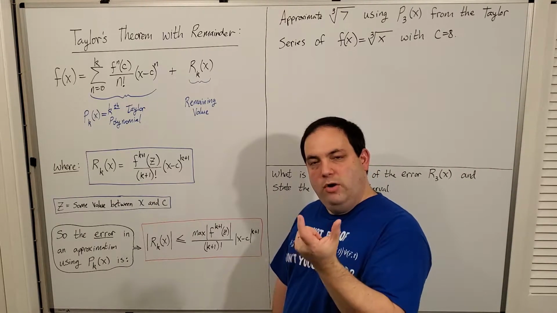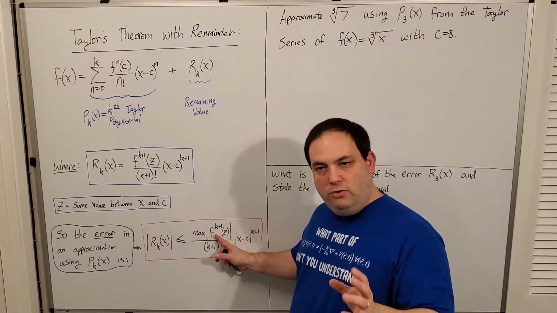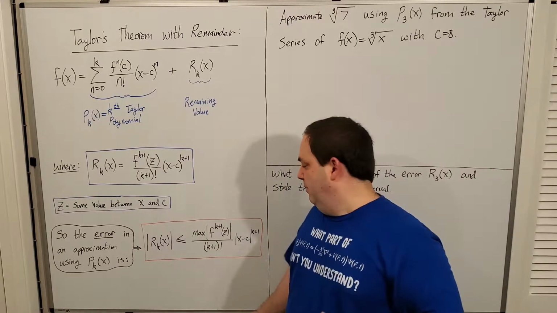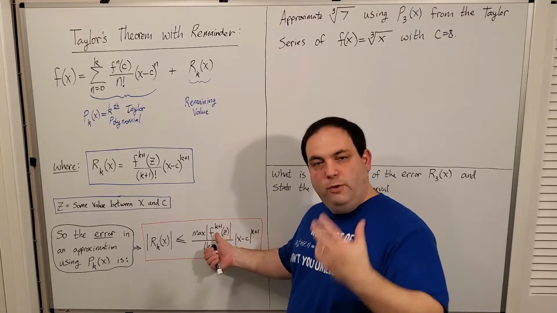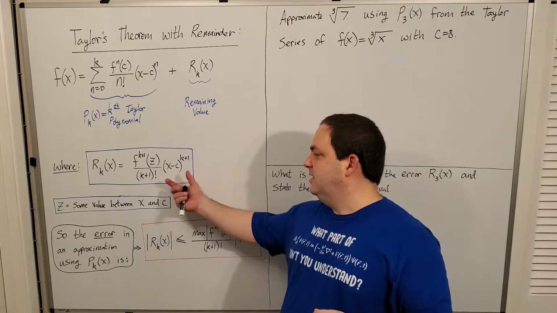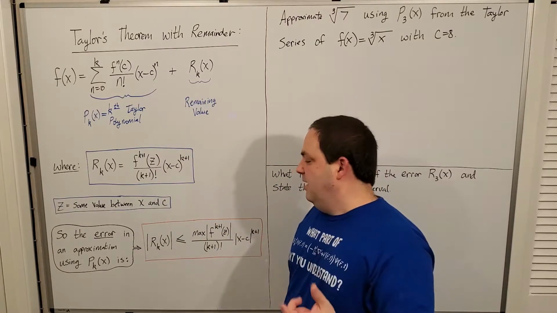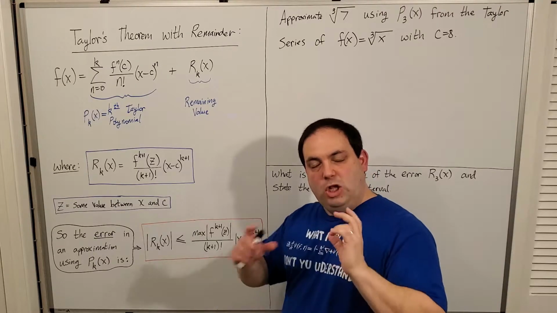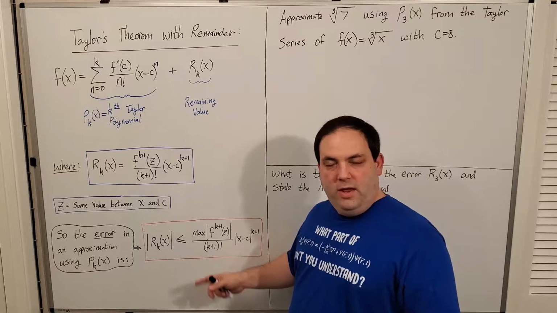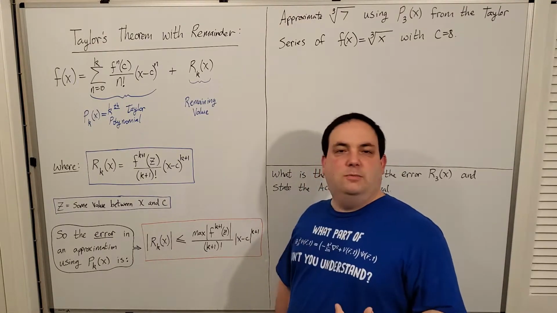Okay? Somewhere in that interval, your k plus 1 derivative of your function will hit a maximum value. Because since it's a differentiable function, it's going to be continuous on the interval between x and c. It's fitting into this theorem, okay? And that being said, it's going to be a closed interval, and guaranteed in Calc 1, if you have a continuous function on a closed interval, it will reach a maximum.